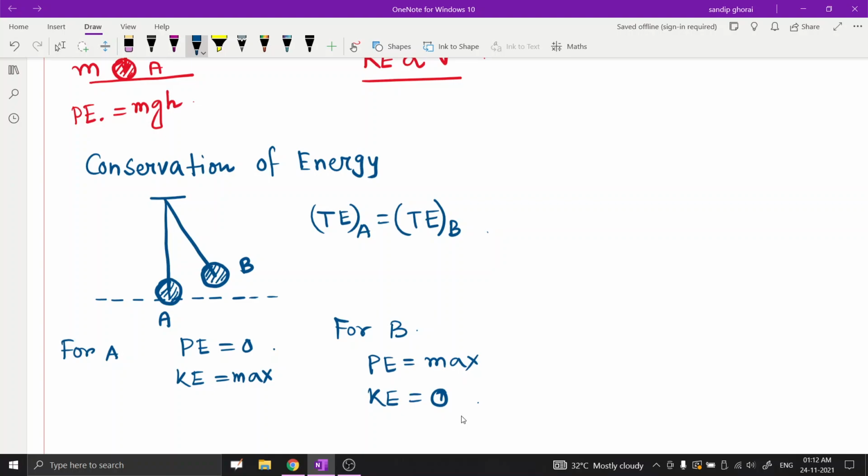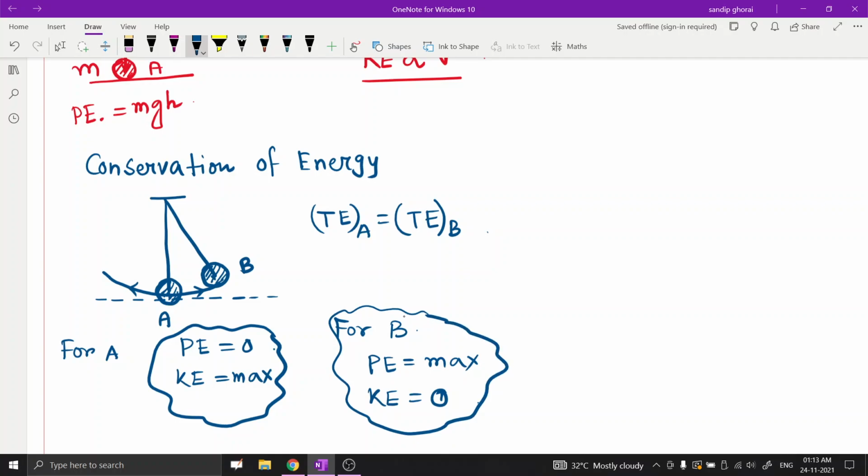And for A point, the motion of the pendulum is like that. So at A point, the velocity of the bob is maximum. That is why kinetic energy is maximum at A point. But total energy, the sum of this energy plus this energy, is always constant.